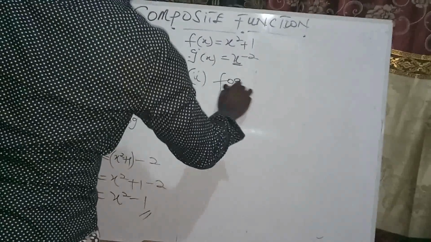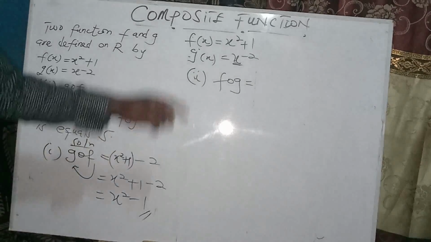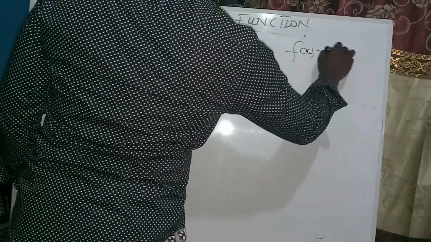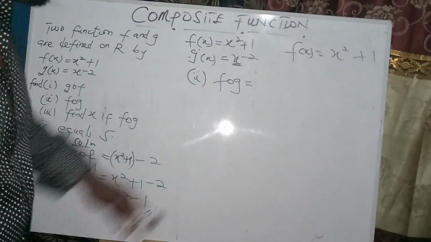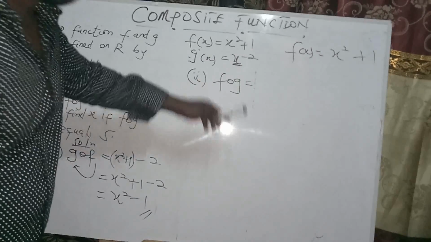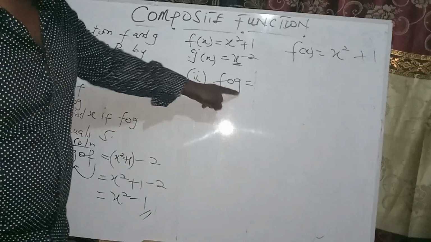Part II is saying that we should find f of g. Our f of x is x squared plus 1. If they say f of g, it means we are putting the function g into f.